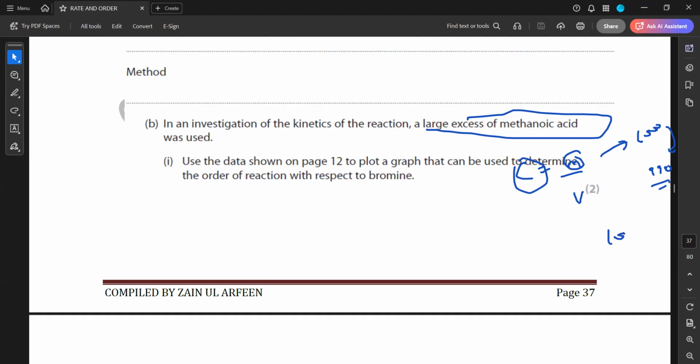Or if the moles were 10,000 and become 9,900, that is again not affecting the concentration too much, because the change is negligible compared to the amount which we have.